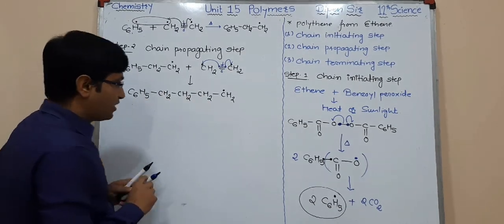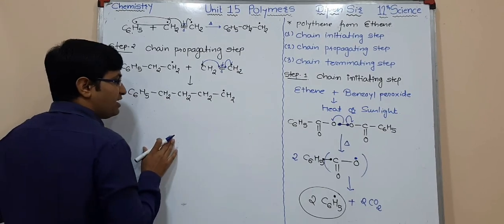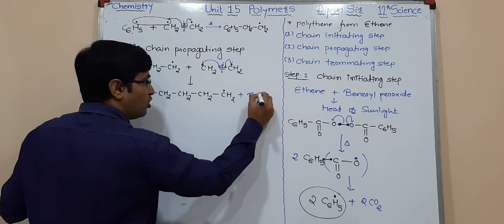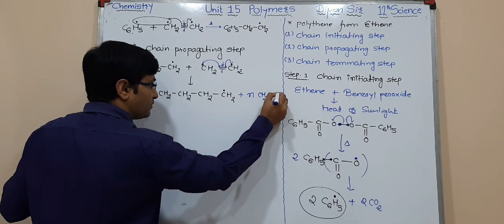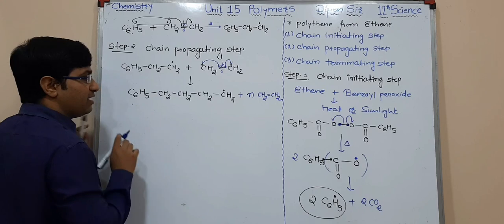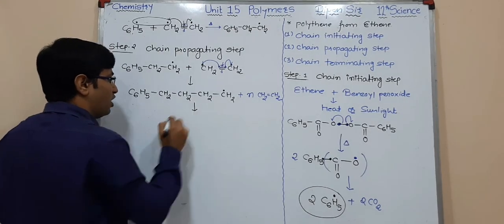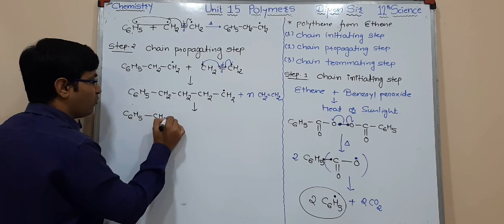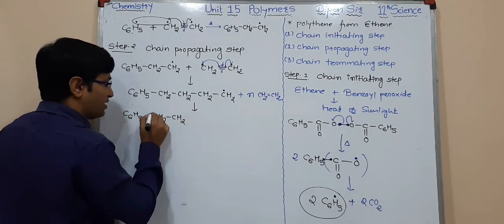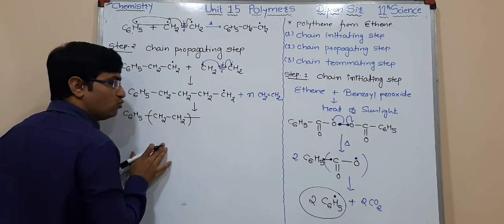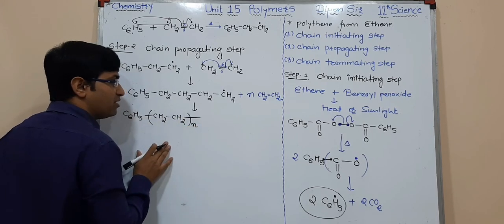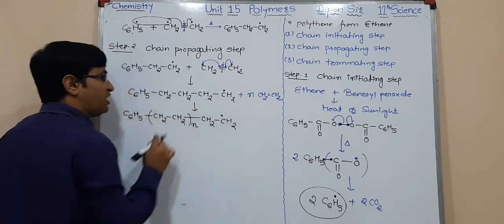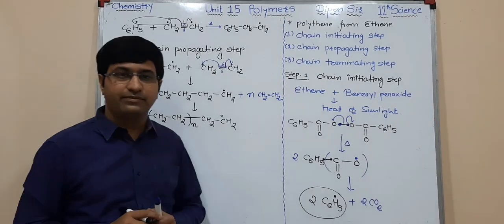Thus, this long free radical reacts with n molecules of ethene, and they are going to produce a long chain of free radical in which CH2 becomes a repeating unit, and a long chain free radical is obtained.